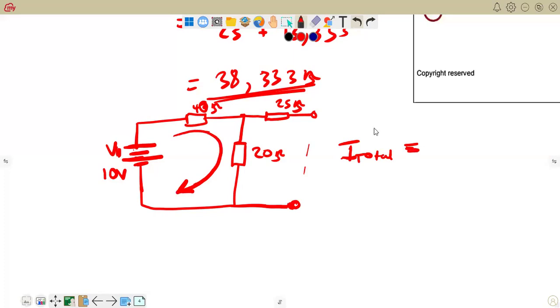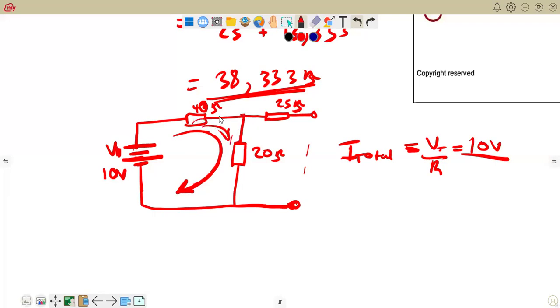So we are saying the total voltage, 10, divided by the total resistance, because remember current is always equal to V over R. The 40 and the 20 are now in series, because resistors can only be in parallel when current has been divided between them.